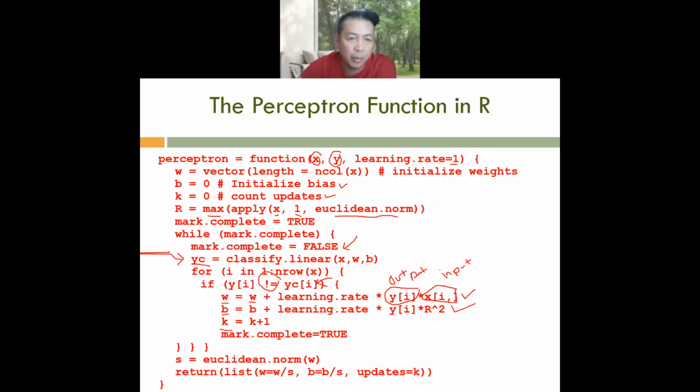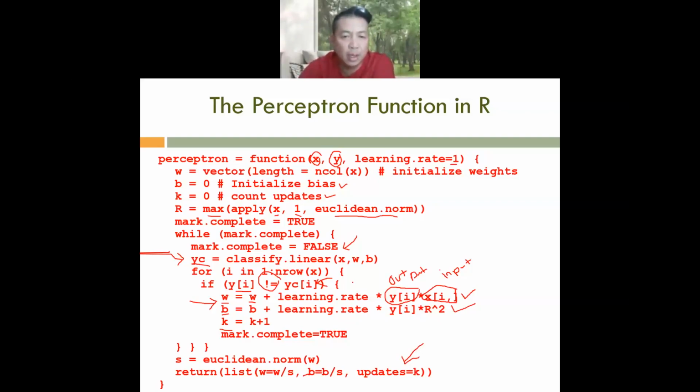So you classify the predicted class and compare with the actual one. If they are not the same, then you update the W here. Okay. And this one will return the list of weightage that you have, list of bias that you have, and also how many times you update the weightage that you have.